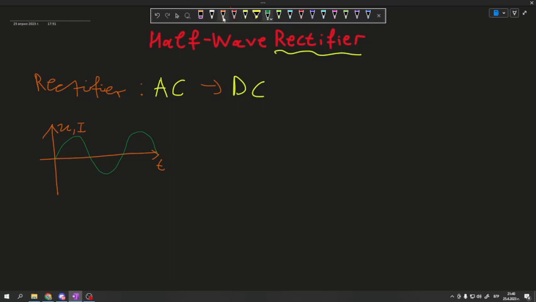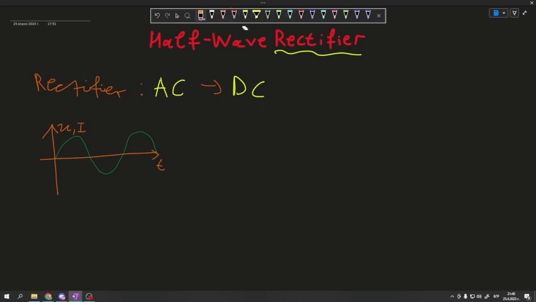There are also other alternating currents, maybe like this, the blocks. But let's face it, they're not used. The sinusoidal is the majority. So let's look just at it.